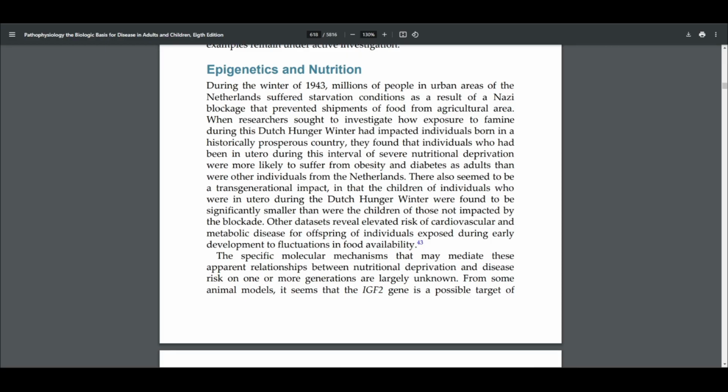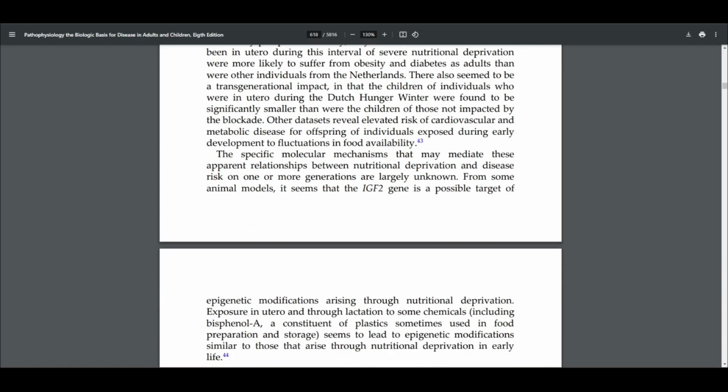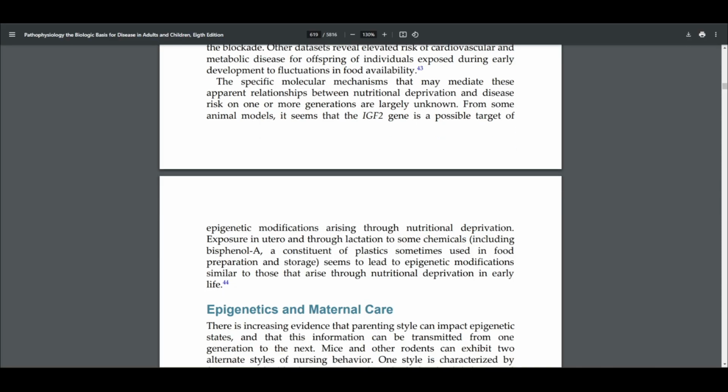Other datasets reveal elevated risk of cardiovascular and metabolic disease for offspring of individuals exposed during early development to fluctuations in food availability. The specific molecular mechanism that may mediate these apparent relationships between nutritional deprivation and disease risk over one or more generations is largely unknown.